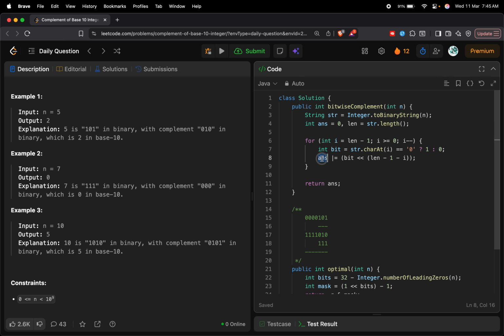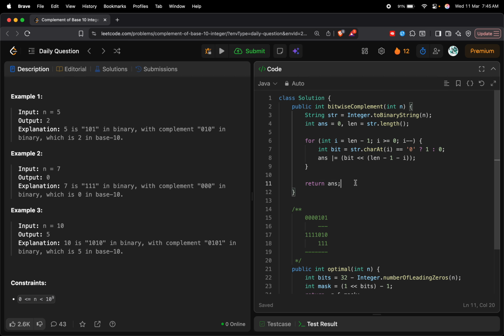And then I am just doing OR. So I am going in the reverse direction and getting each position. I am flipping the bit and getting its binary equivalent of 2 power, and then I am doing OR to my answer, which will be adding all the values, and then I'm returning my answer.